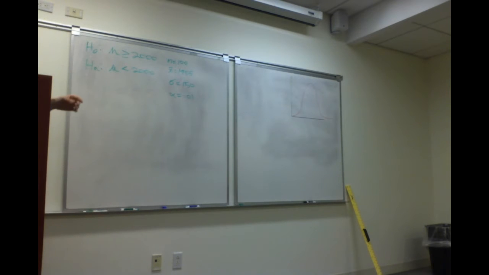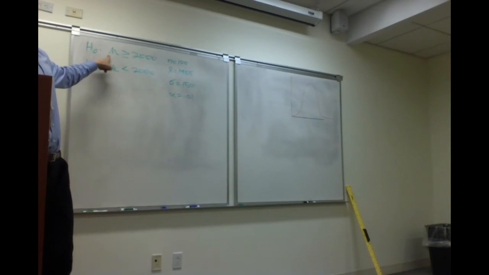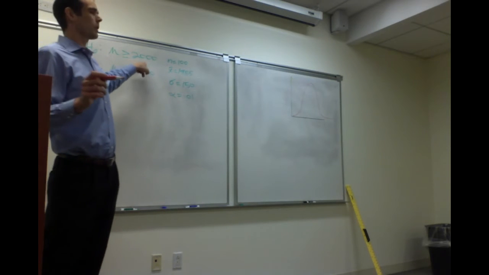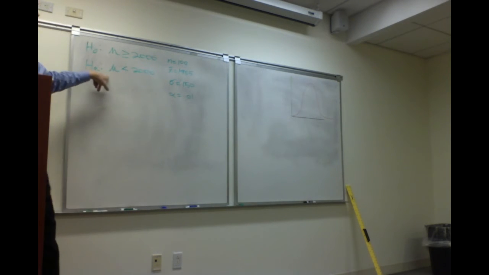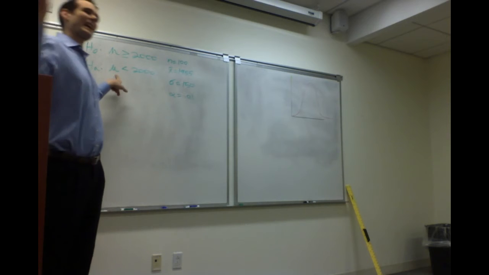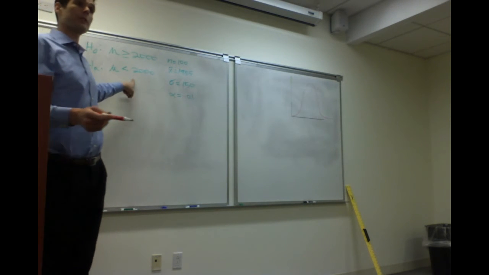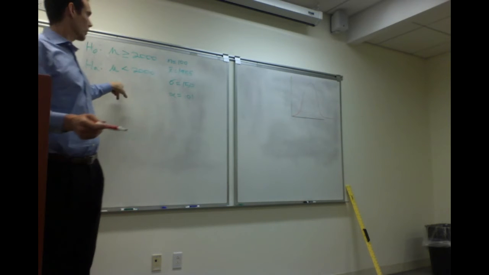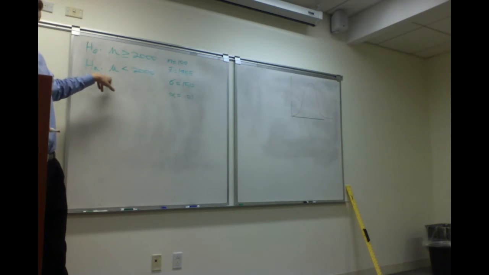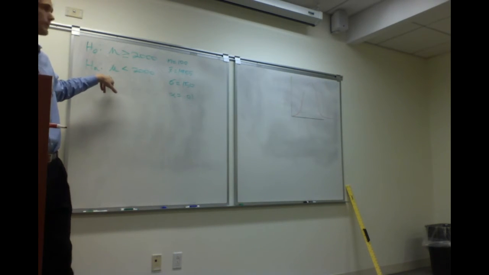But we're going to give the supplier the benefit of the doubt and say that the mean is greater than or equal to 2,000. And we're going to set up an alternative hypothesis that the mean is actually less than that. And if we find overwhelming evidence that it is, then we are going to reject the null and say, gosh, it really is less than 2,000.